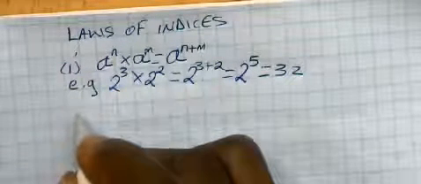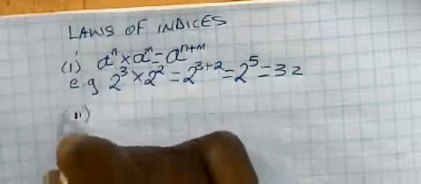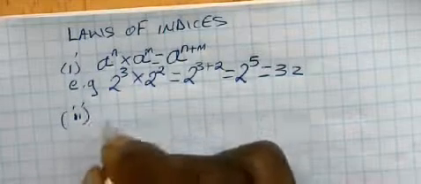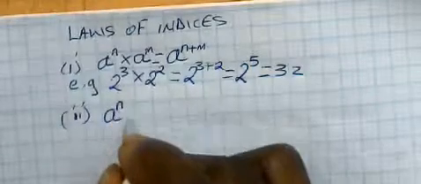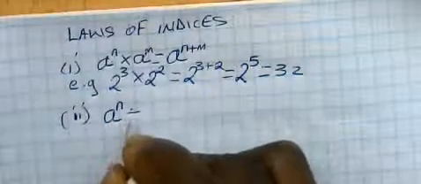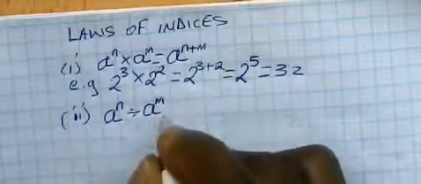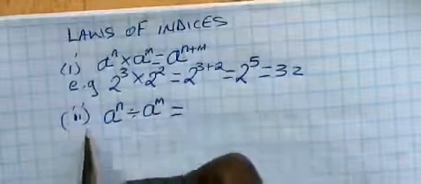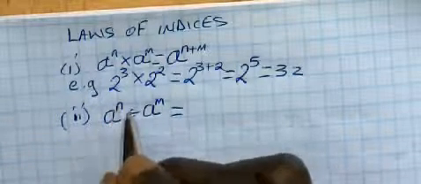Now the second law of indices. I will use a to power n divided by a to power m, provided that the bases are the same, only the powers are different.